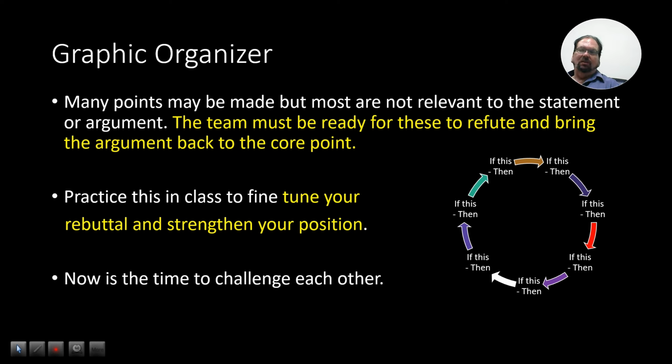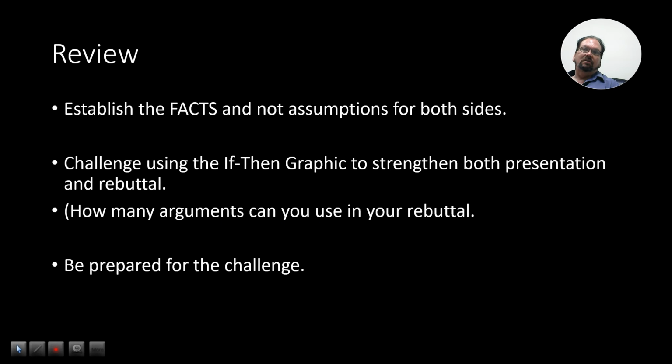Now is the time to challenge each other. In review, establish the facts and not assumptions for both sides. That's so important. So many people assume things, and you can't have that. It has to be precise and with facts. And you have the facts. You have the research. Establish that. Challenge using the if-then graphic.